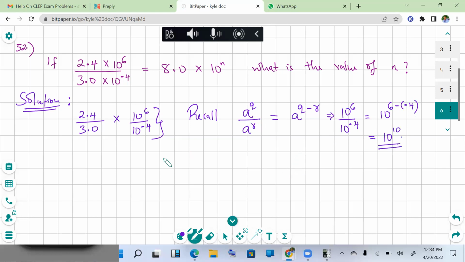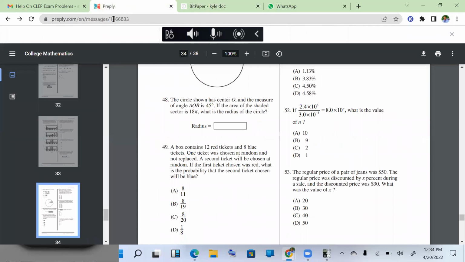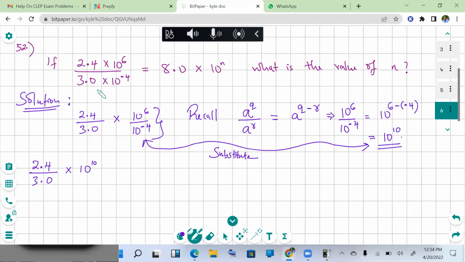Okay? And so we could substitute. This part is going to become 2.4 divided by 3.0 times 10 to the power of 10. Okay, let's simplify matters now.